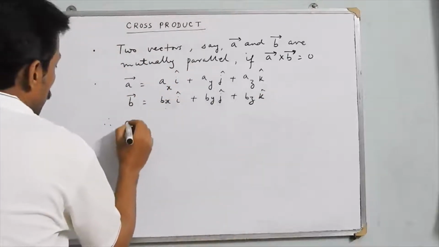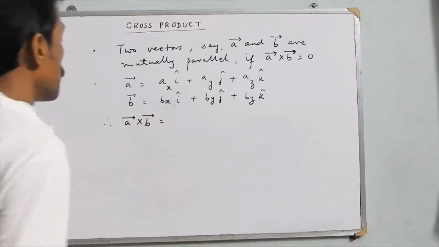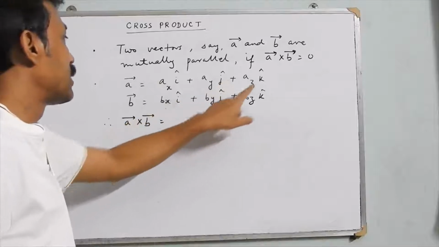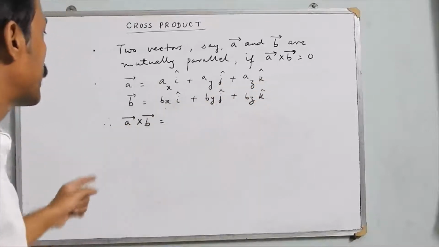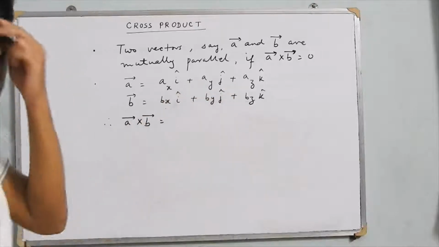Then what will be A cross B? So now you check it. i cross i will be 0, j cross j will be 0, k cross k will be 0. So we will never get these components Ax Bx, Ay By and Az Bz in A cross B.